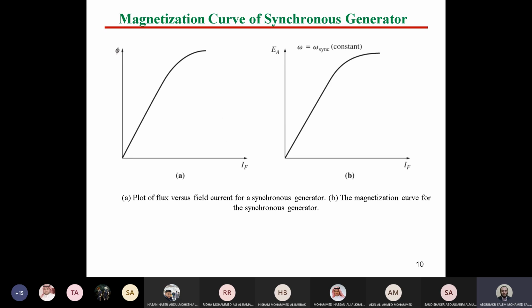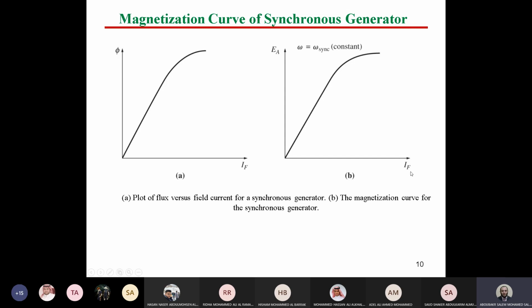For that, Shabab, the magnetization curve of any machine is like that. When you increase the field current, the flux will increase until reaching saturation. The same is also here: the relation between IF and EF at certain speed, because as we discussed, E is proportional to f multiplied by flux, and the field current here represents flux.